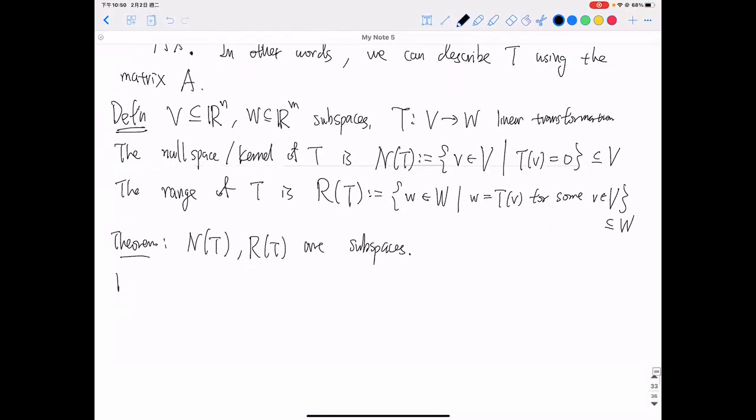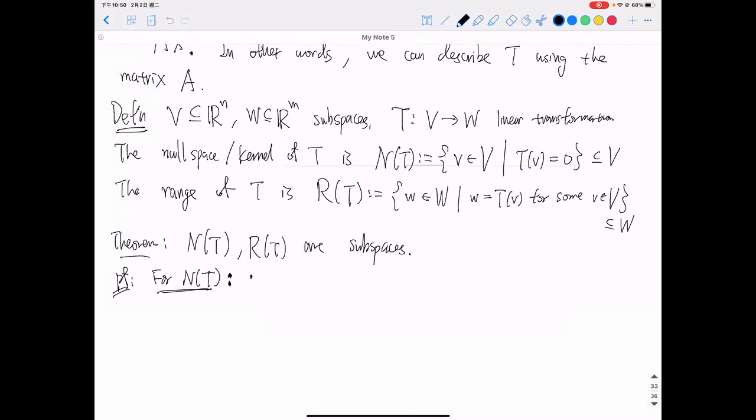Okay. And the proof is straightforward. Let's do this for the null space first. What do we need? In order to be a subspace, you need to have the zero vector. You need closure under addition and scalar multiplication, right?